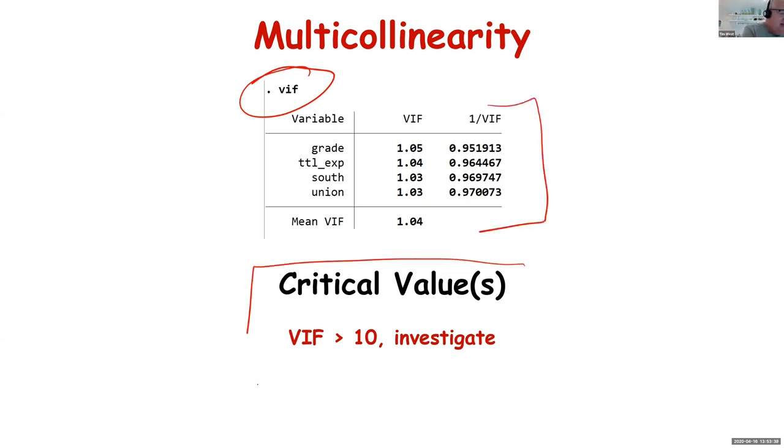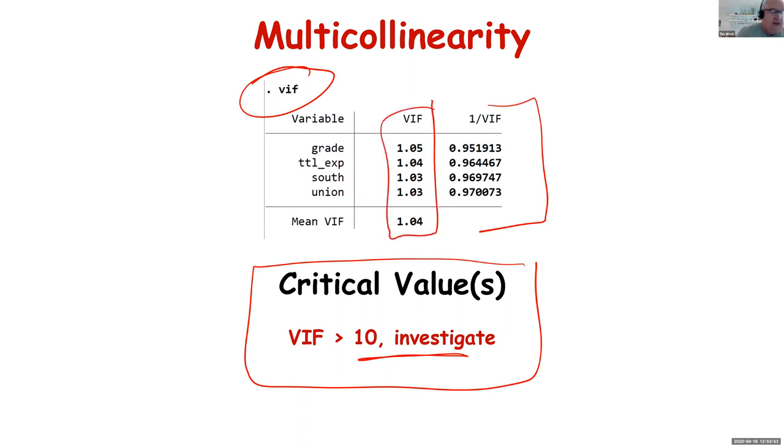Critical values, I always kind of forgot what they were, so I've tried to put them in one spot for you. If the VIFs are greater than 10, you better check it out in terms of multicollinearity. We don't have anything greater than 10 in this data set. So at least on that one dimension, our diagnostics tell us, okay, we're not really in that much trouble.